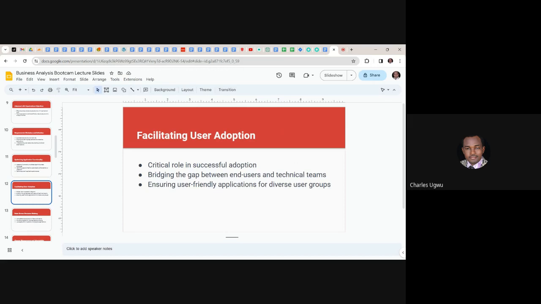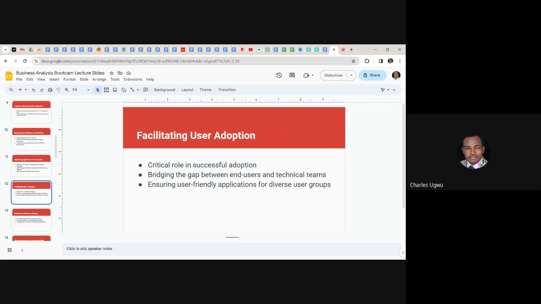This is another way business analysis can help, through a critical role in successful adoption, bridging the gap between end users and the technical team, ensuring a user-friendly application for diverse user groups.